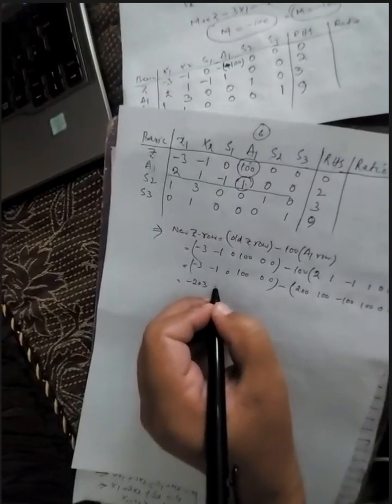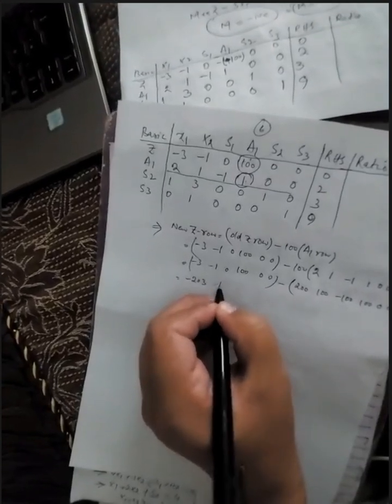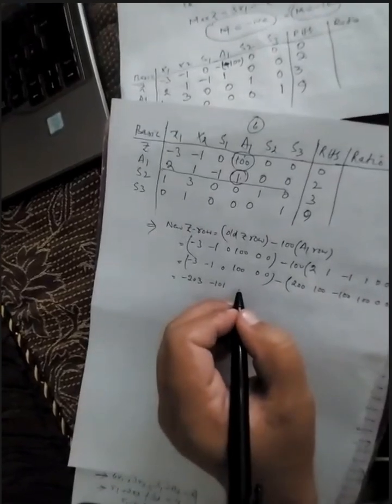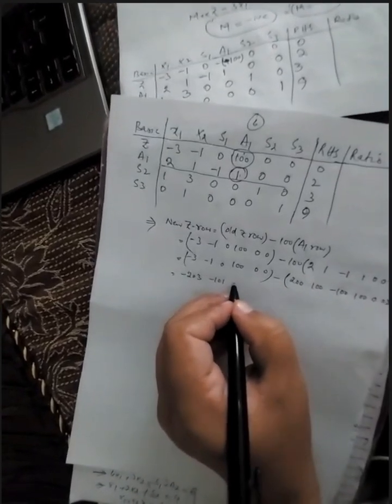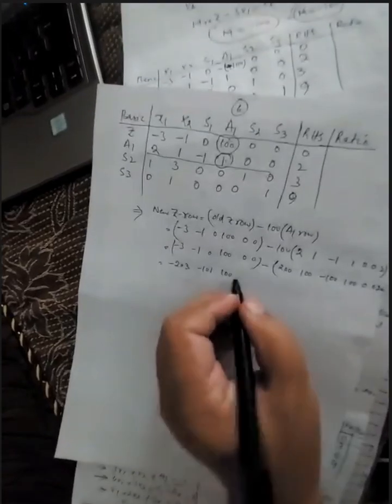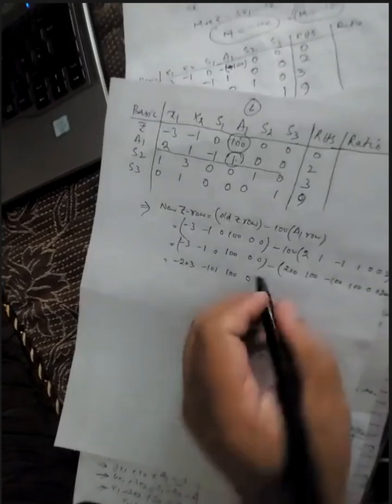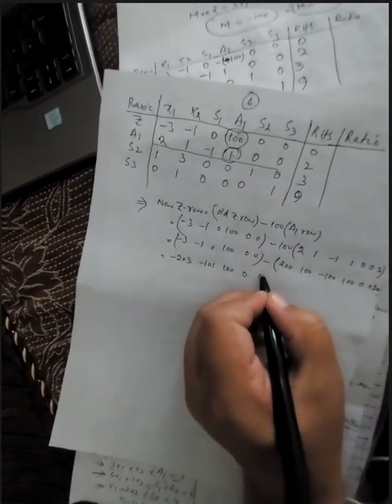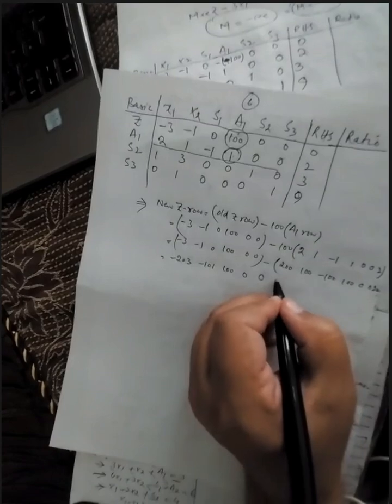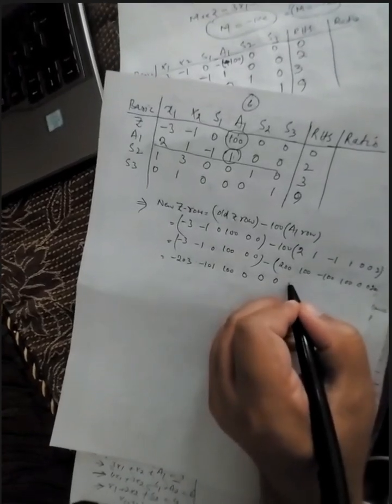In the next one, we get -1 minus 100 is -101, and 0 plus 100 is 100, and 100 minus 100 is 0, 0 minus 0 is 0, 0 minus 0 is 0, and 0 minus 200 is -200.